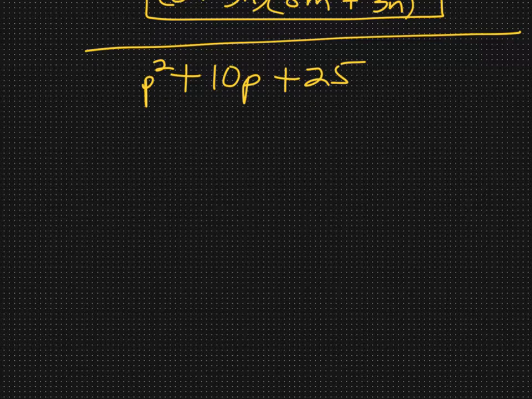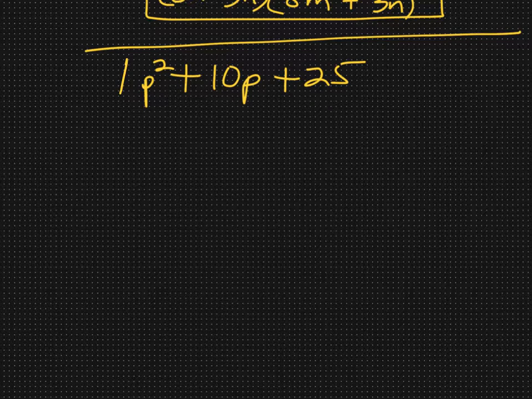The answer is no. 25 doesn't have a p, and the only factor of the coefficient on p squared is 1, so obviously we're not going to have a common factor other than 1. So it's got 3 terms, so that means the AC method. But in this case, we can use the shortcut because the coefficient on the p squared is 1.